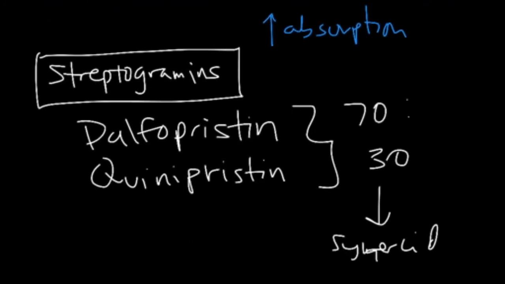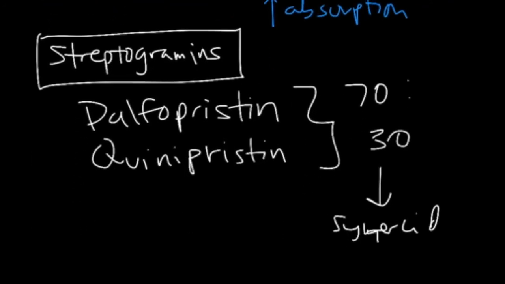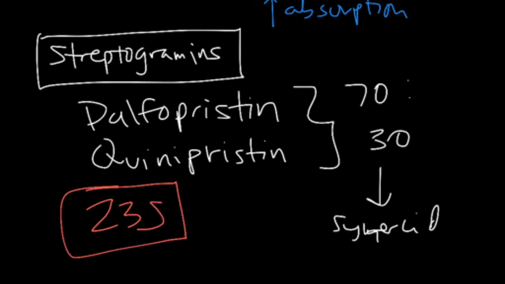Streptogramins also bind to the 23S subunit in the exit tunnel, basically. These both bind to the exit tunnel and prevent the polypeptide from growing out of the ribosome and prevent proteins from acting in the bacteria, and that's called cell death.